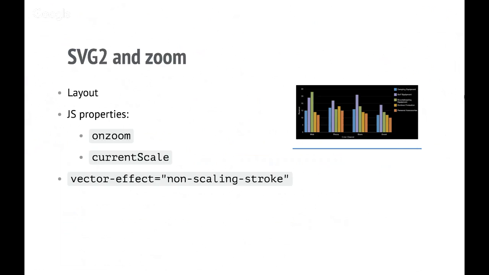Vector effect non-scaling stroke is a way of creating a line that doesn't change its size when other things change. So for example, increasing the text size on a map, zoom in various features, but the stroke, the line itself, stays the same size. These are all tools that you could be using.